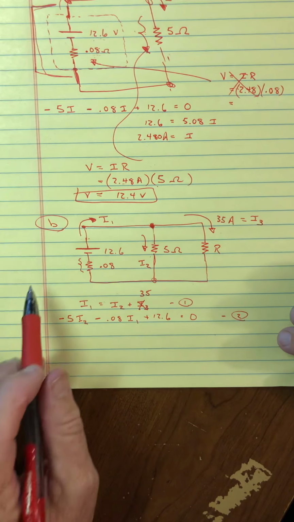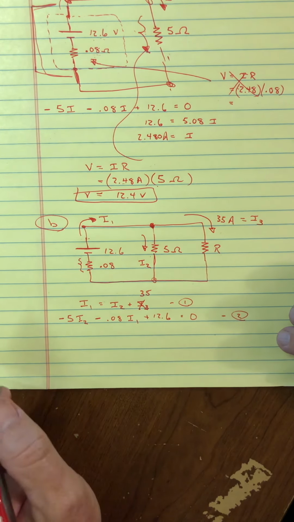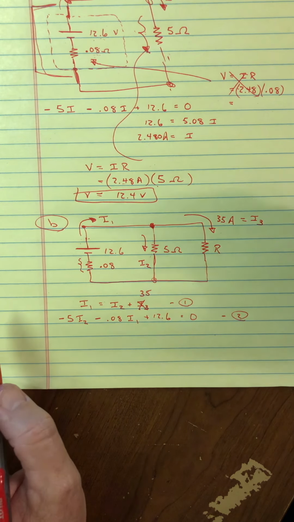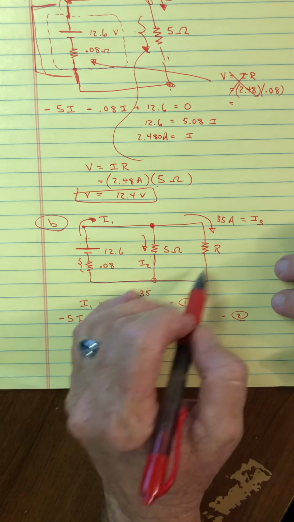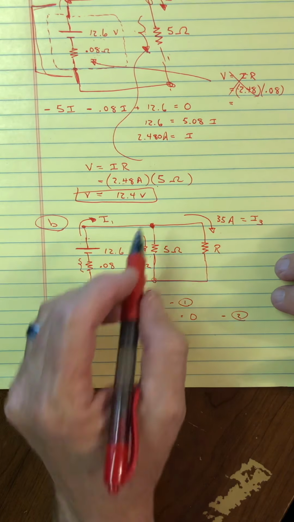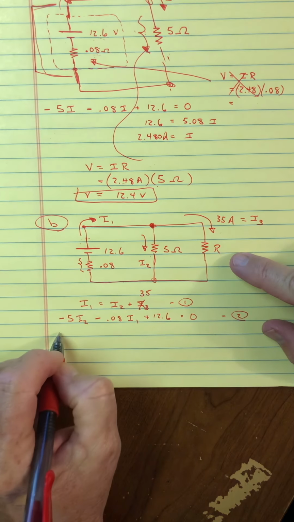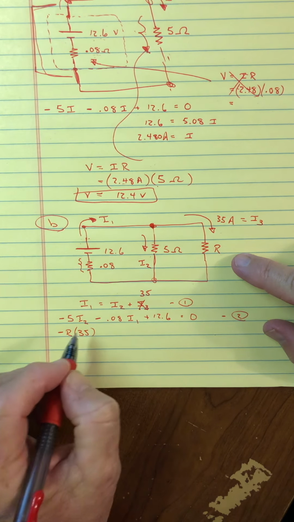A lot of problems give you the resistance, not the current, and so you have the 3 unknowns. And we could actually treat this as 3 unknowns. Maybe I'll write it out. If we did this right loop, maybe starting here and going clockwise, here we'd go with the current, so it would be minus R times the current of 35.